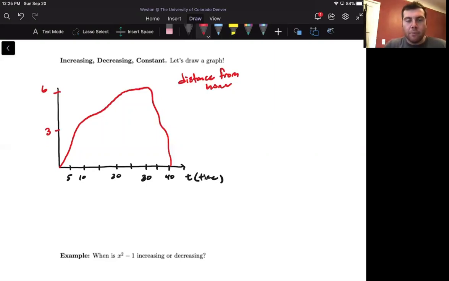And so we want to think about what's going on in this graph. So when you start at 0, 0, which means that you're zero distance at all from your house. So you're starting at home. And about 30 minutes in, you're about 6 or 7 miles from home.